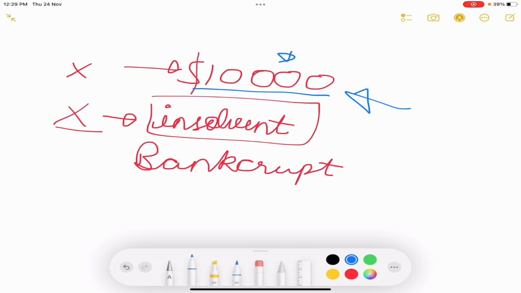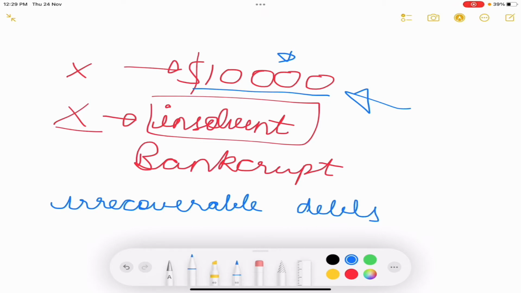What does irrecoverable debts mean? We cannot recover the debt anymore. They are not going to pay us anymore. We will not be getting the debts back. So that is why we call it irrecoverable debts.